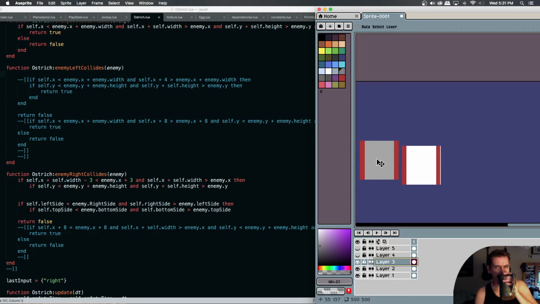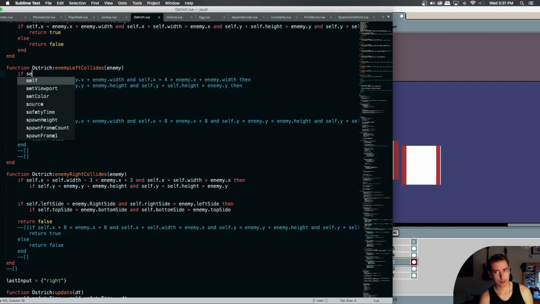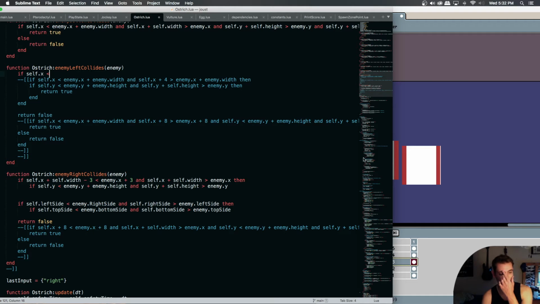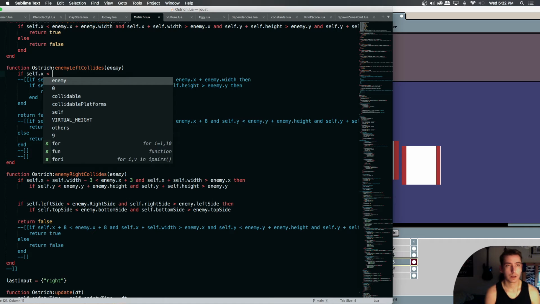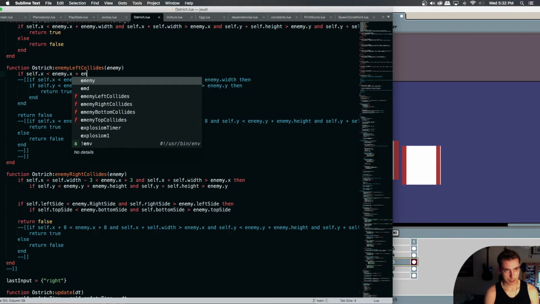So let's follow our cheat sheet. We're checking if the left side of us, which in this case is just our self.x, would have to be smaller than the enemy right side. Actually it is the rightmost side of the enemy in this case, with the bounding box, which would be enemy dot x plus enemy dot width.